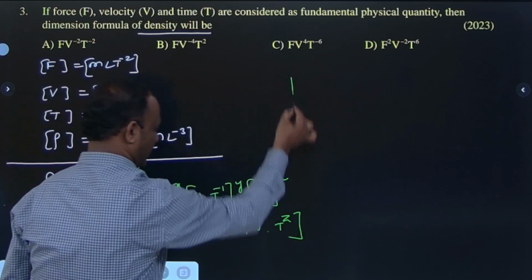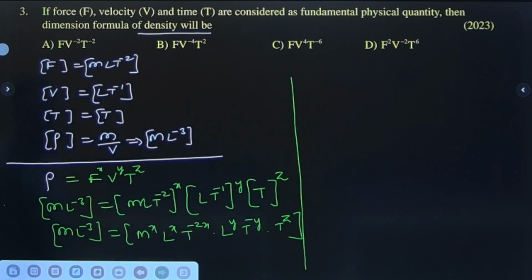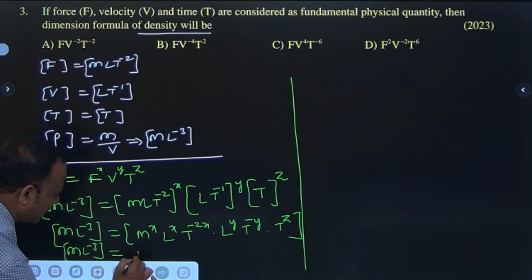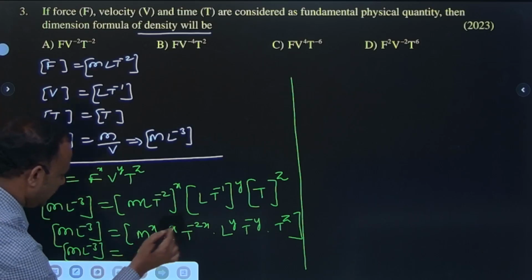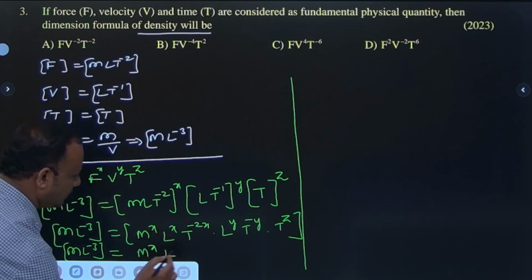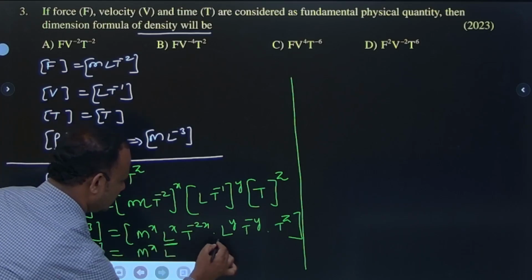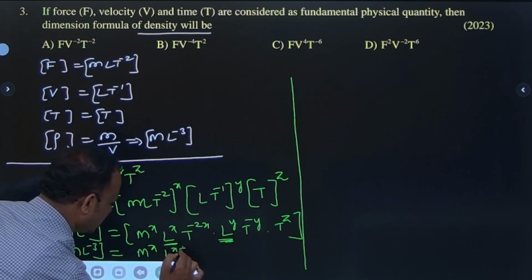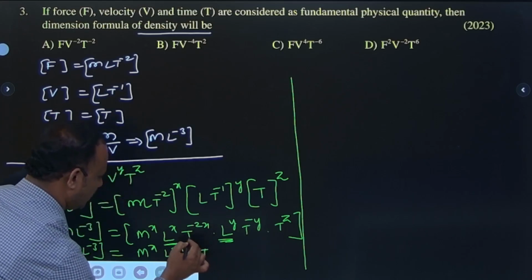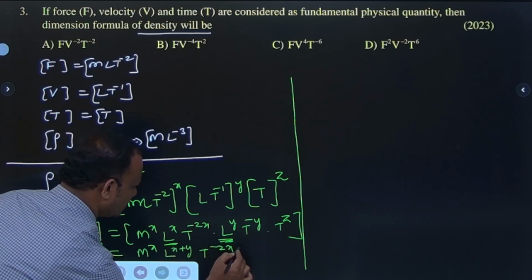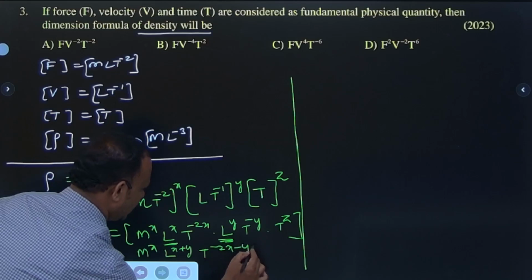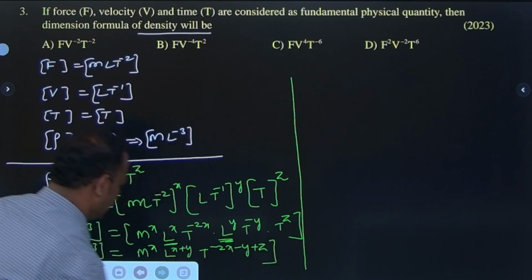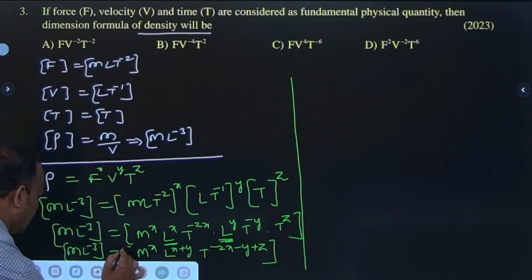Then compare the terms. One more condition you can write: ML minus 3 is equal to M to the power of X, L to the power of X plus Y, and T to the power of minus 2X minus Y plus Z. Now compare the terms.